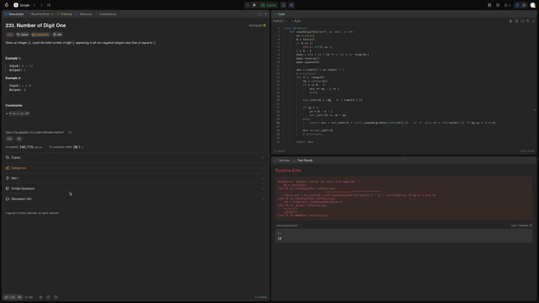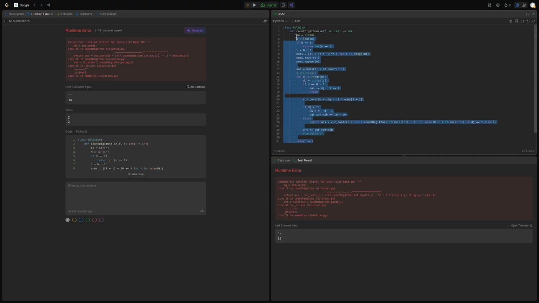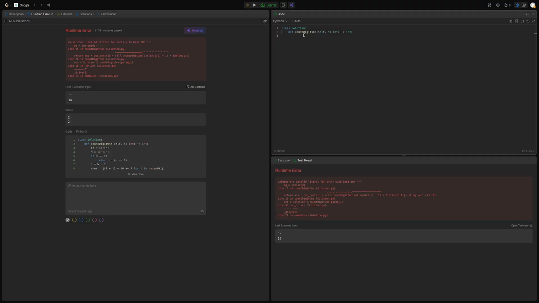I think this is starting to really get ridiculous. Okay, so here is what I'm doing. I am making a function smaller, right?